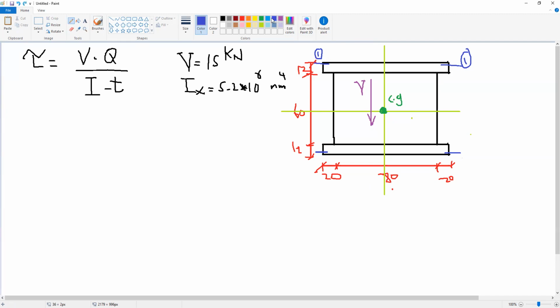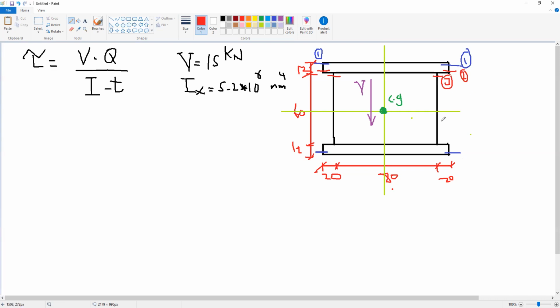So here we have two cuts at this point. We have a cut here and a cut here. So this is section 2 and section 3. Cut 2 is in the wide width and cut 3 is in the narrow width.